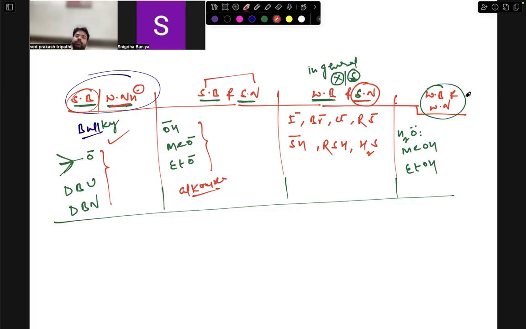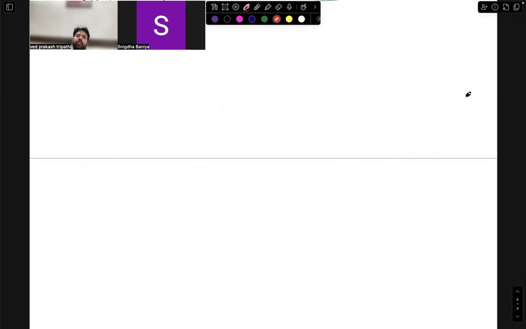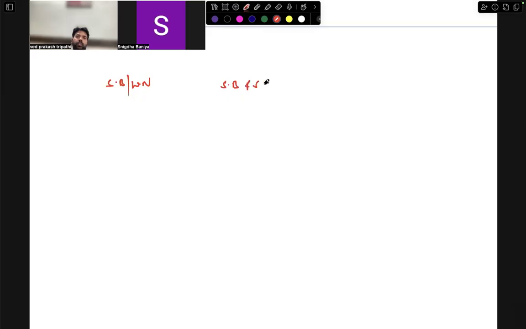Clear? Now the second category. Here I am going to tell you strong base, weak nucleophile; strong base and strong nucleophile; weak base and strong nucleophile; weak base and weak nucleophile.